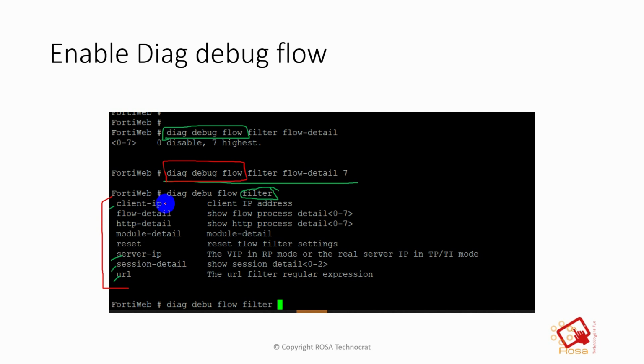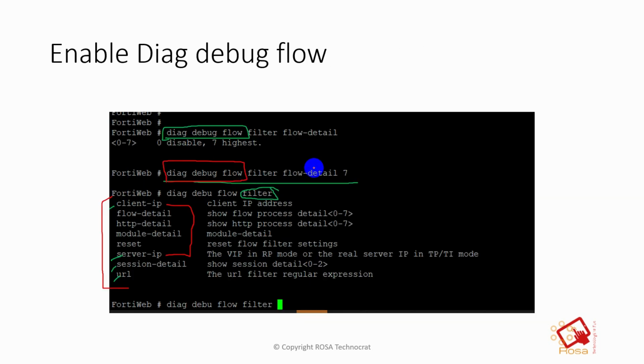But the always-to-be-applied filters are mostly the client IP and the server IP, because in a production network you might have huge traffic, and if you just enable the debug flow, you will not be able to get all the relevant data, and it will dump the logs for all the applications. So you should apply filters based on the client IP and the server IP.